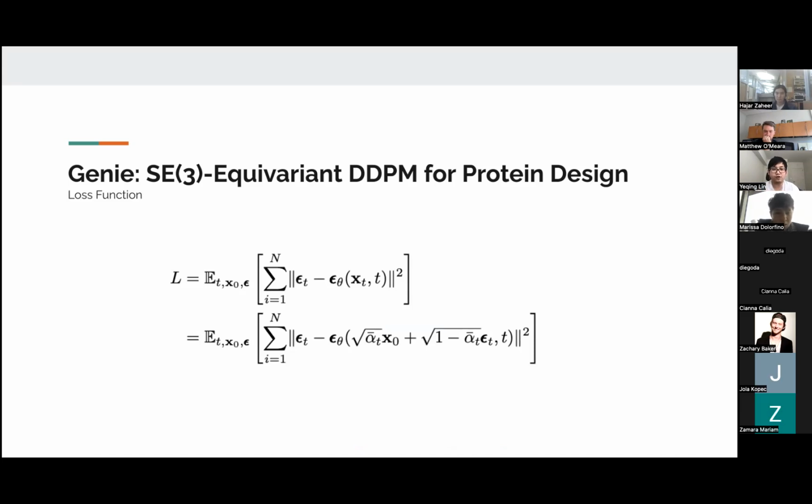For training, we follow the DDPM formulation from Jonathan Ho's paper. Here n represents the total number of residues. Basically we have an RMSD between the noise vector at time step t and the predicted one. You can ignore this part, it is just the expansion based on the formulation of the forward process.